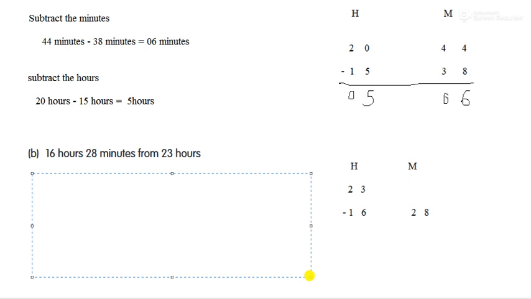Now subtract the minutes. Here we don't have a minute, so we have to regroup the hours to the minutes. So here 60 minutes minus 28 minutes.